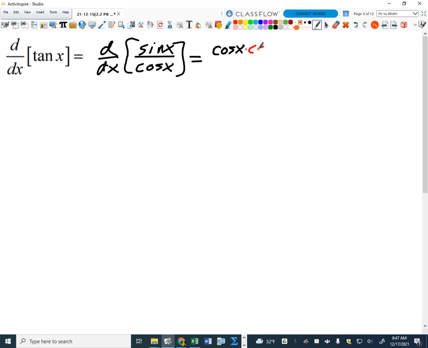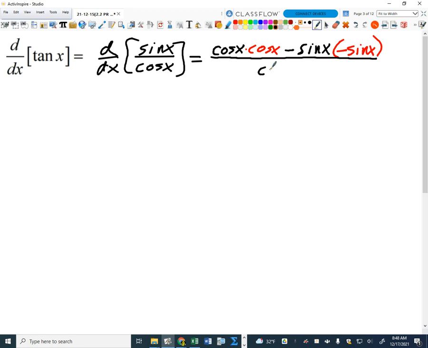So cosine x times cosine x, minus high d low, right? So high is sine. What's d low? Derivative of cosine, you guys remember? Negative sine x, over cosine x quantity squared, right?